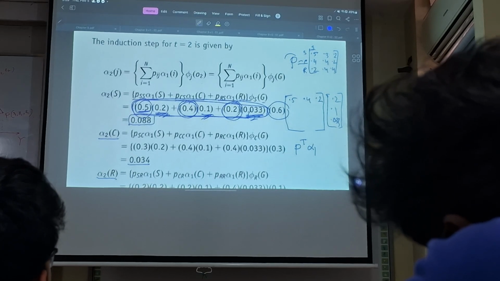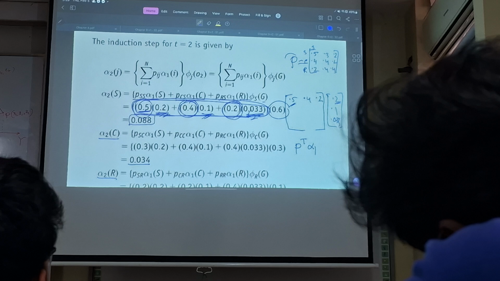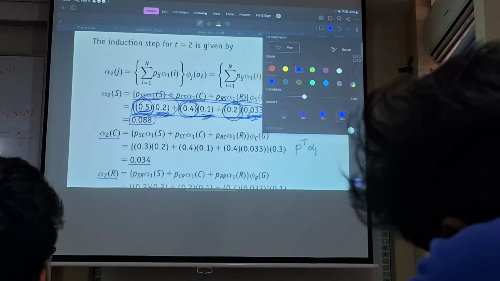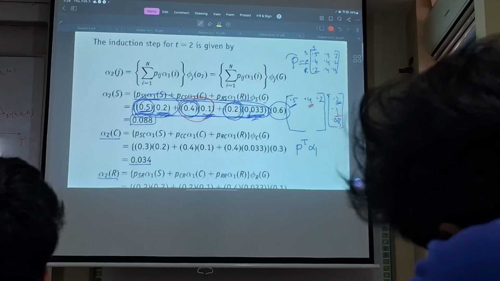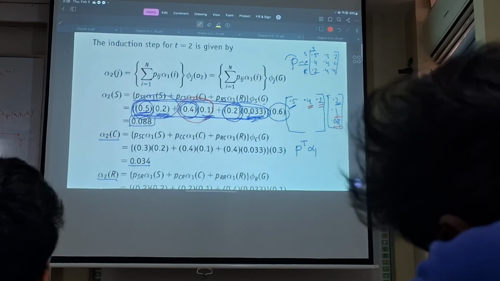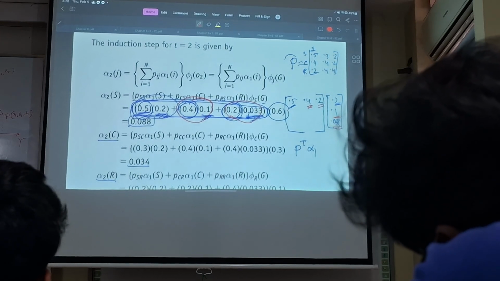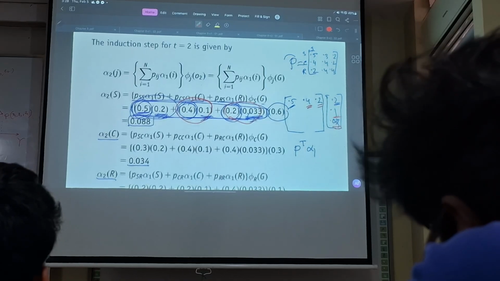Then this 0.5 will be multiplied by 0.2, this one. 0.4 will be multiplied by 0.1, this one, and 0.2 will be multiplied by 0.03, this one. And this will be the first entry, right?